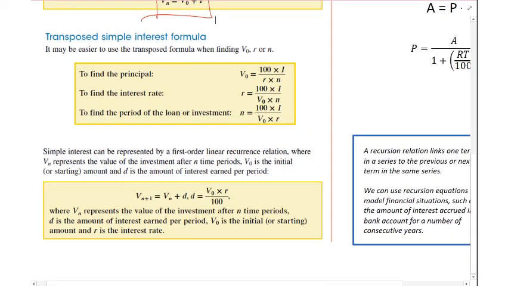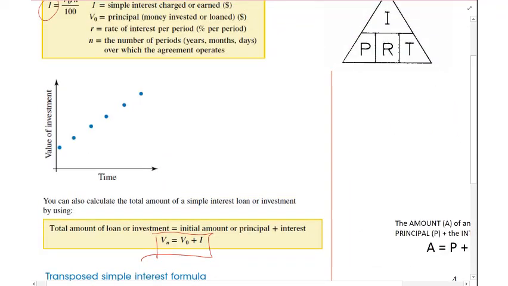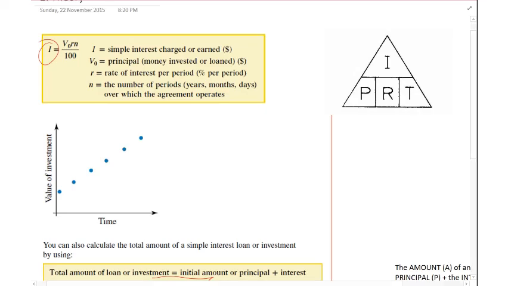Now, here's something to keep in mind. Sometimes we're not after I, we're after V0. So we're after the principal, or we're after the interest rate, or we're after the time of the loan. By using these equations as shown here, they've already been transposed for me, so I don't have to rearrange the equation up the top.